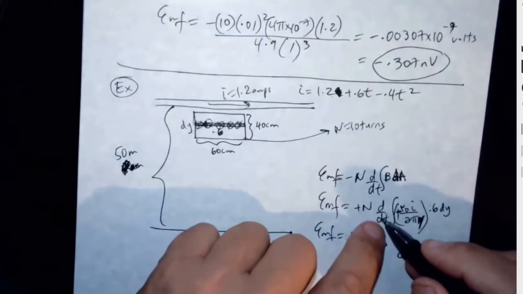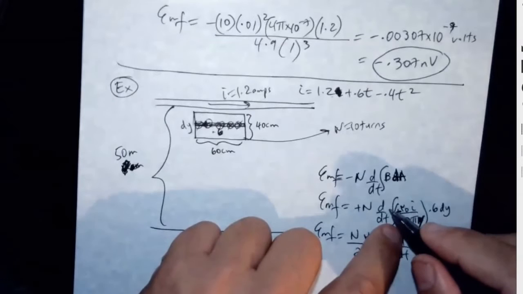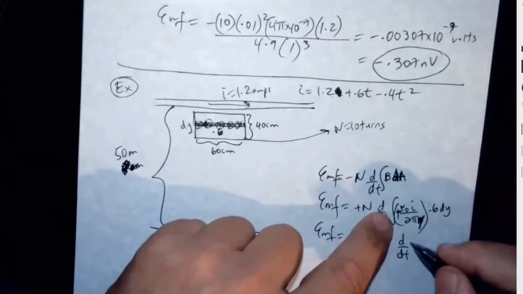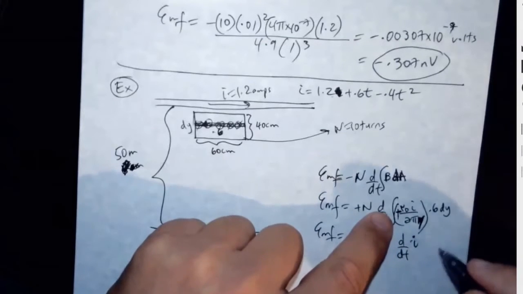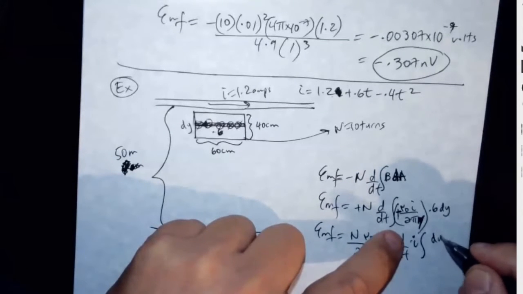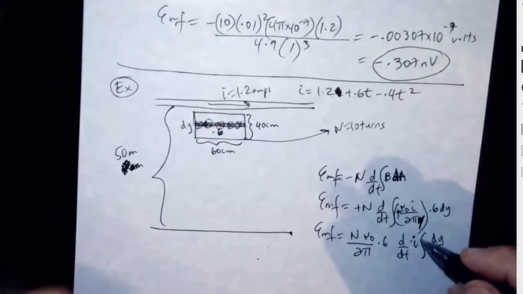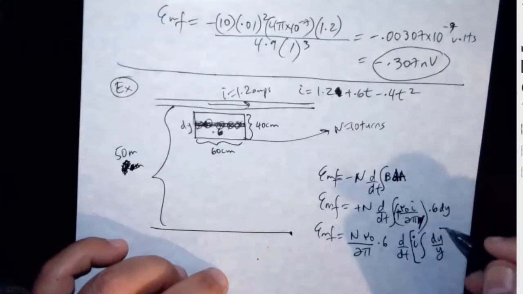So you see, you have a derivative of an integral here. So I comes out of the integral, but it stays here, I. And now the integral of dy over y. Okay, then you go like this.